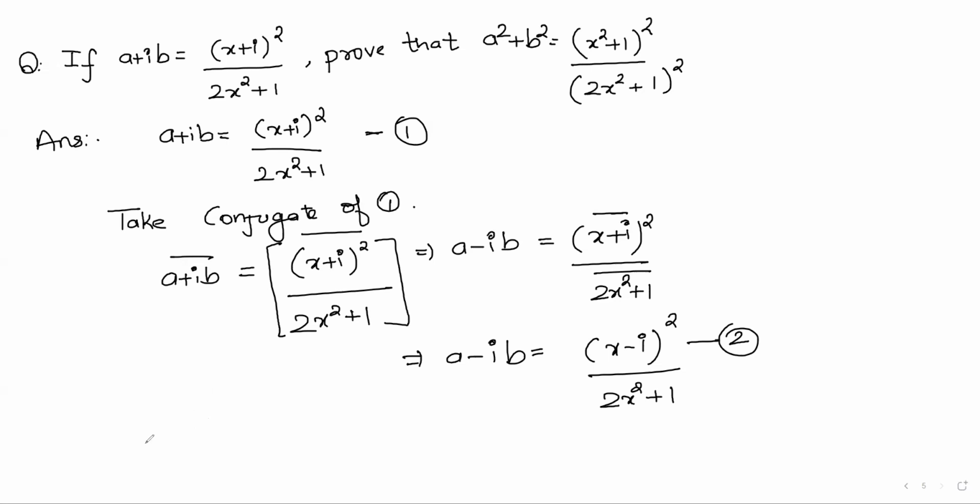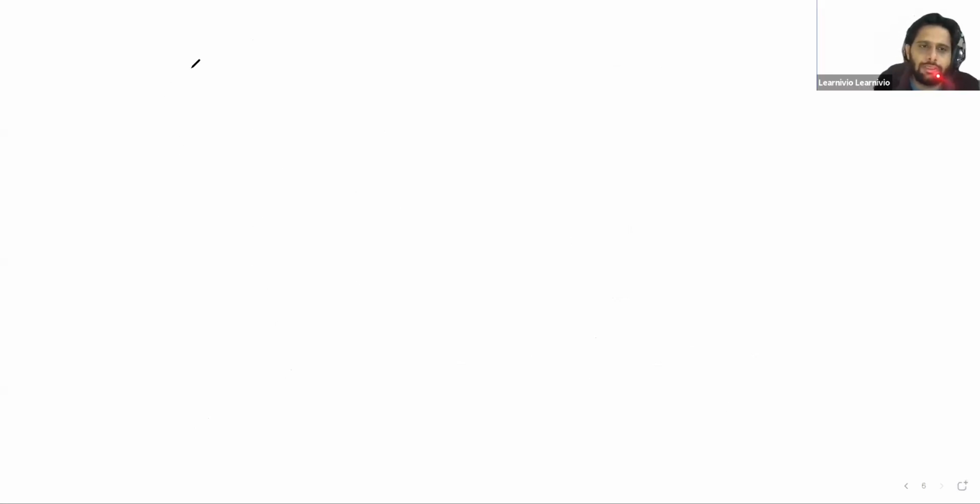So in the last part, when you multiply the conjugate and the original one, in the denominator we're getting 2x squared plus 1 into 2x squared plus 1. So we have this a plus iota b. We will multiply this with a minus iota b.